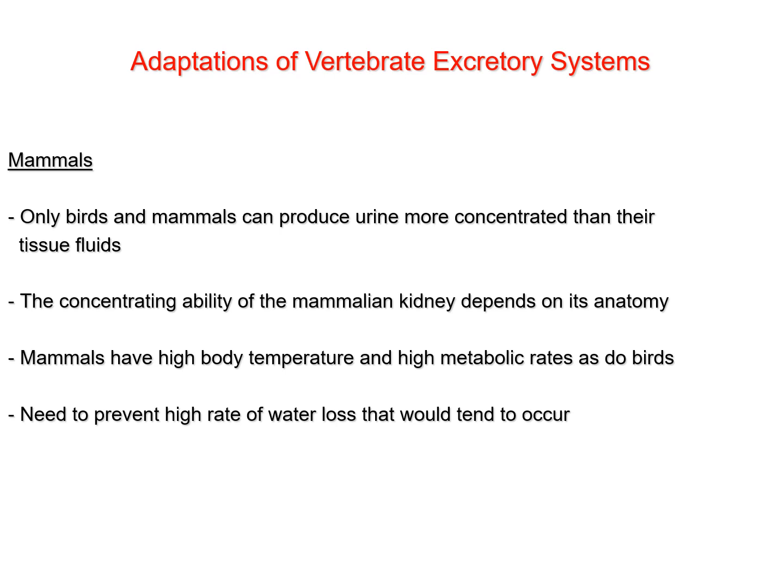Okay, in terms of comparative physiology, comparing between different types of vertebrate animals, only birds and mammals can produce a urine that is more concentrated than their own tissue fluid. So they can make a very concentrated excretion. I wouldn't call it urine exactly in birds, but the stuff they put out.